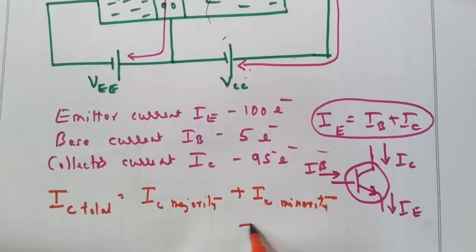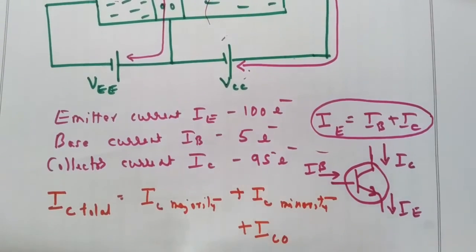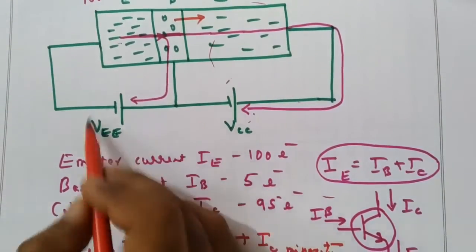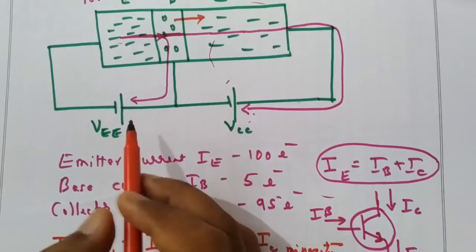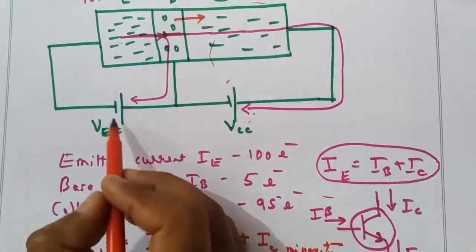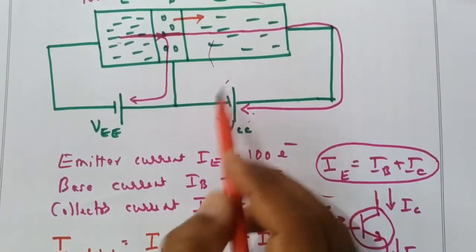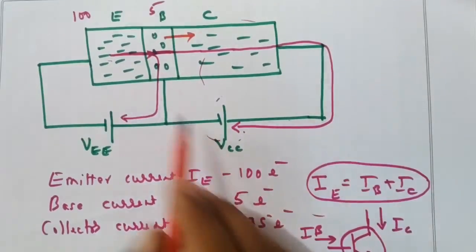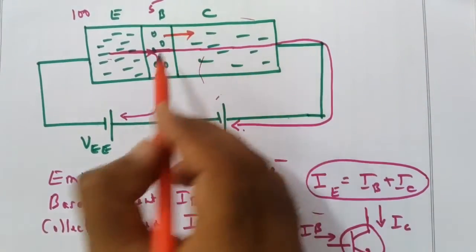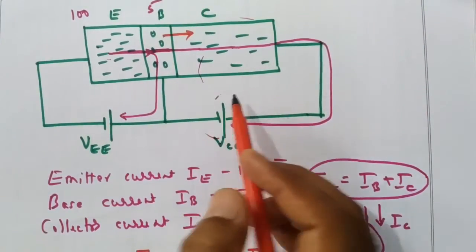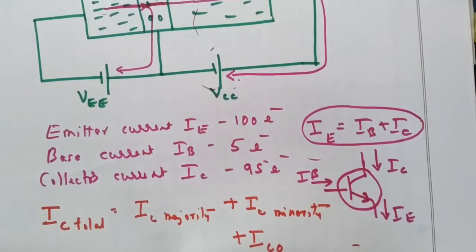We can write it as ICO. Now when you want to calculate this ICO, if you forward bias this, you cannot calculate. So what you have to do is stop the supply of electrons from the emitter. You reverse bias this, then the electrons will flow in this way, holes will flow in this way. Then only we can measure. That is why this is called ICO.